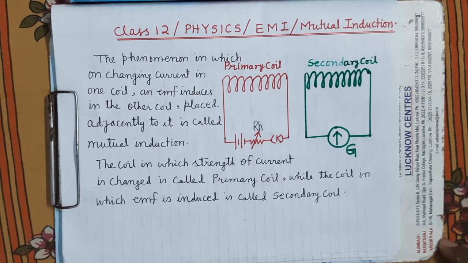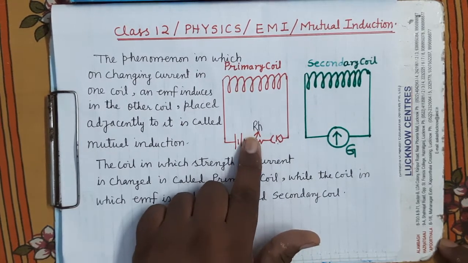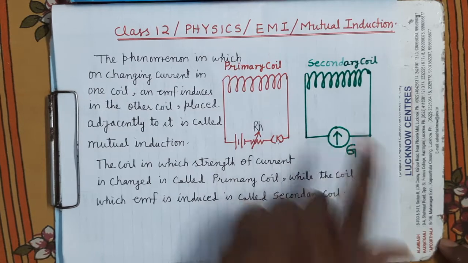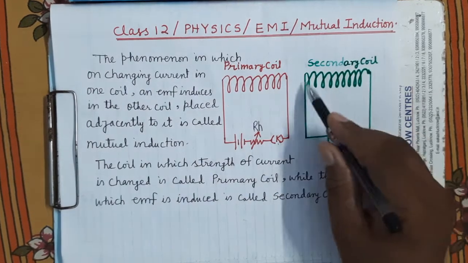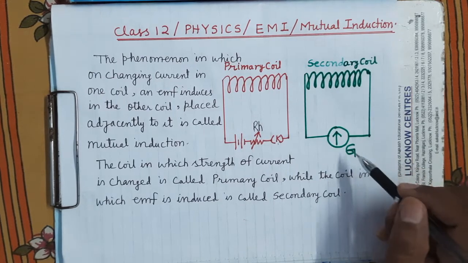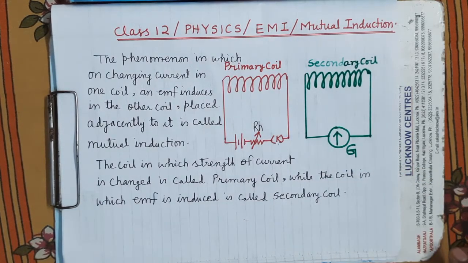It means because of the change of current in this coil, an EMF is induced in the other coil. And since the coil is a closed circuit, current is also induced, and because of that current the galvanometer shows deflection. So this phenomenon is known as mutual induction.